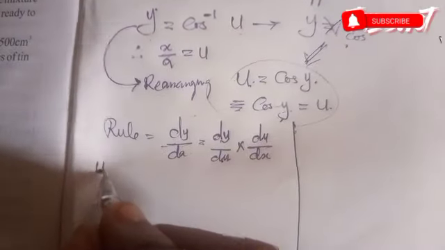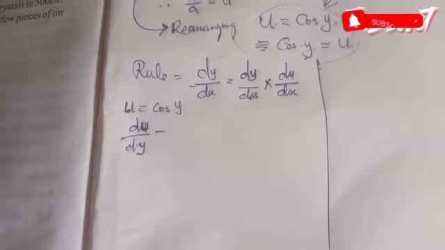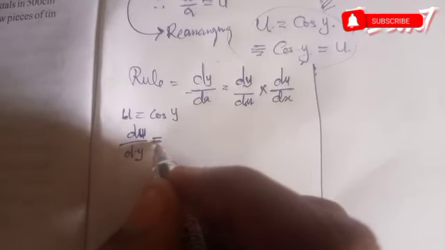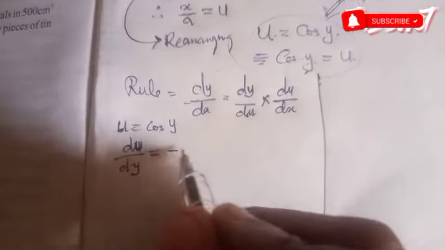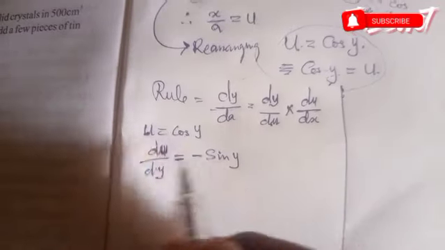From u equals cos y, our du dy will be minus sine y.